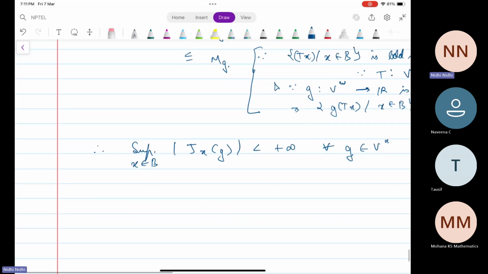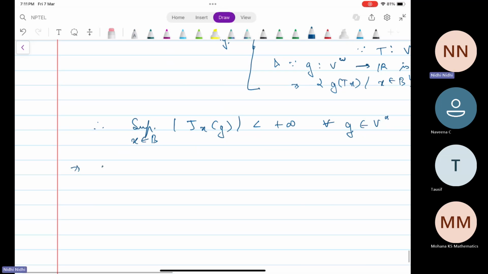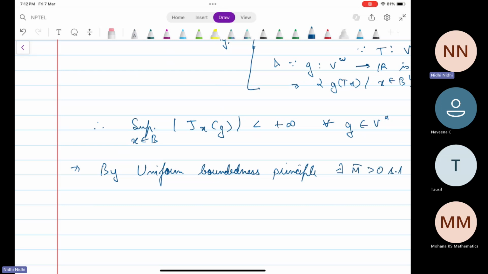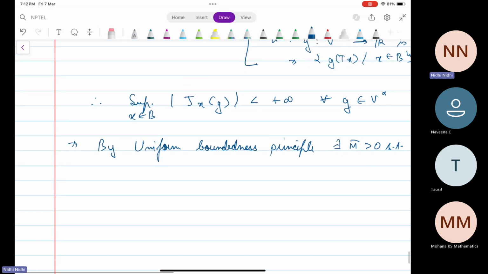Now, since we are in the Banach space setup, we can use the uniform boundedness principle. This implies by the uniform boundedness principle, there exists some m bar positive such that supremum x in B norm Jx is less than or equal to m bar.